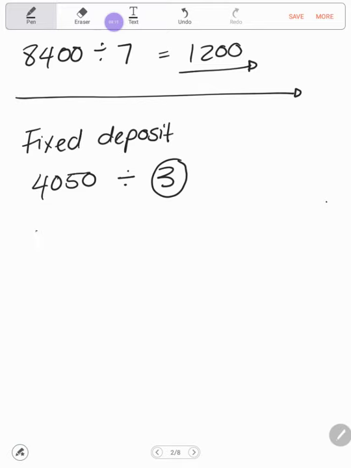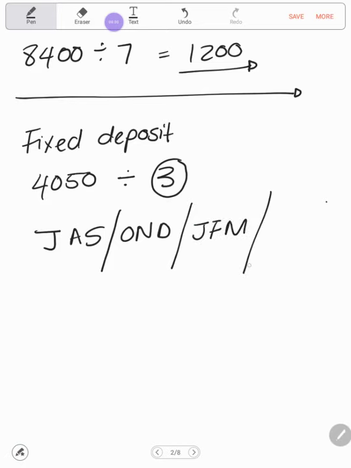We took this out in July. August, September. That is when the first interest would have been paid out. So July, August, September, October, November, December, January, February, March, April, May, June.